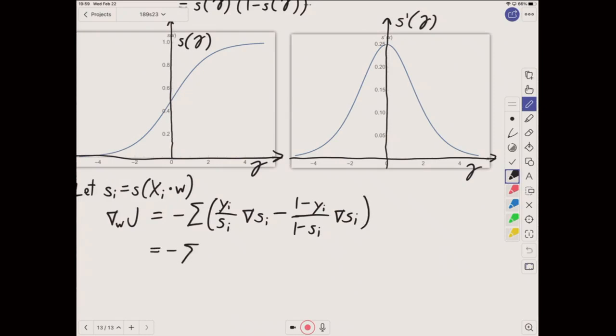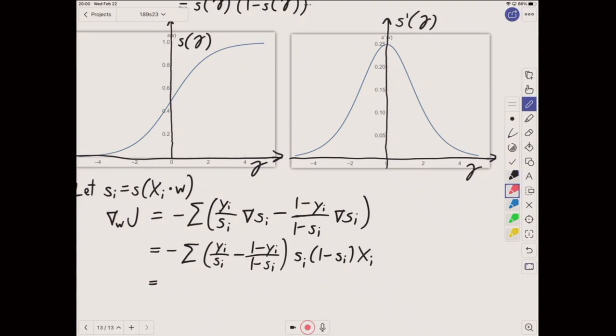So we can simplify that as follows. We can move the grad s_i's out of there. And remember that the gradient of s_i is s_i times 1 minus s_i, and then by the chain rule, we also get out an x_i there.